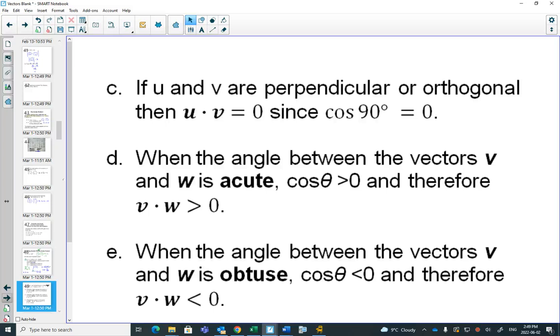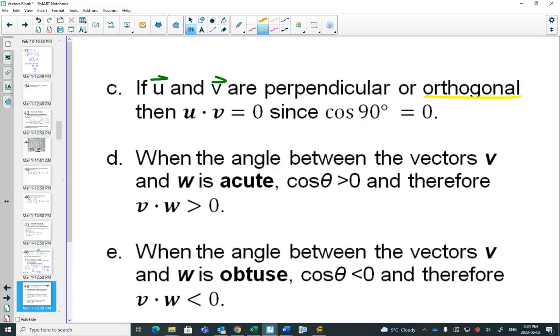So if 2 vectors are perpendicular, here is the new fun word for perpendicular, orthogonal, then the dot product would be 0. So now we have a much quicker way to tell if 2 things are perpendicular.